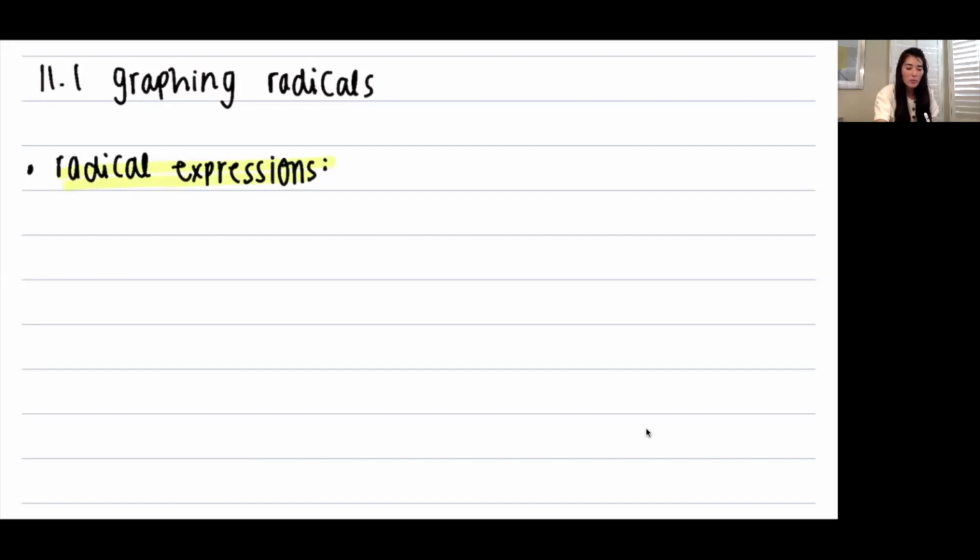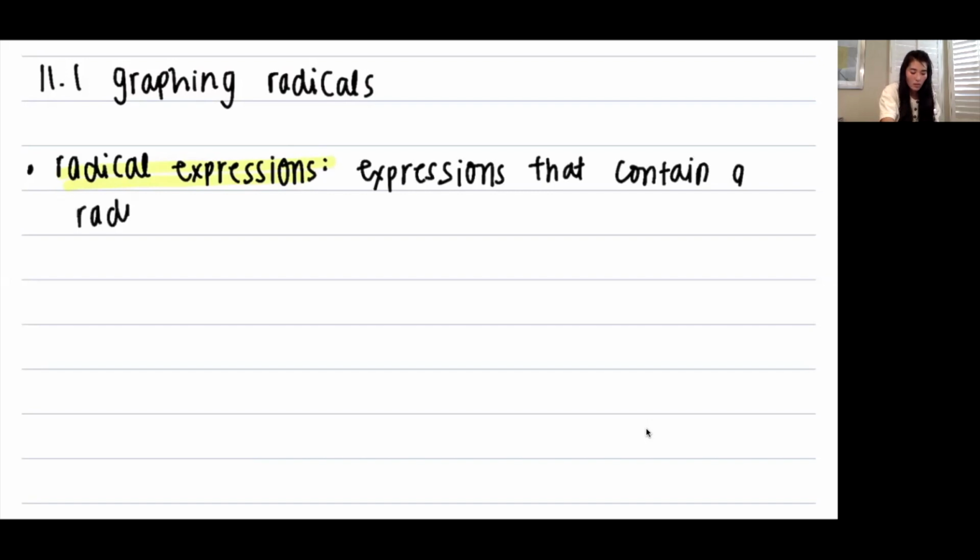So again, radical expressions are expressions or problems that contain a square root, or again, what's called a radical, in the problem. And so again, another word for this would be our square roots.